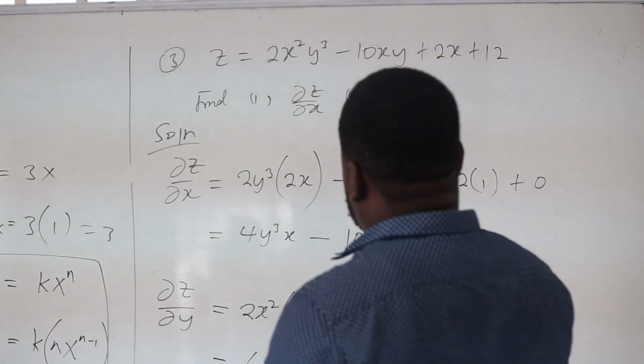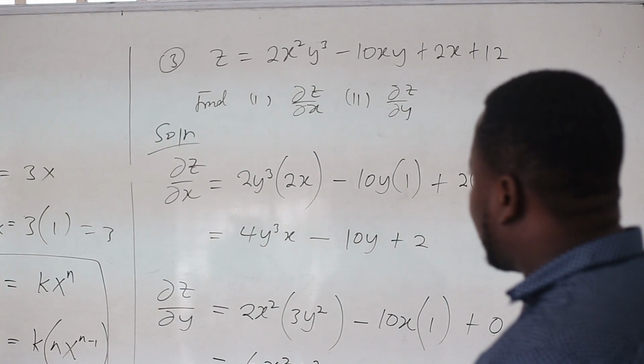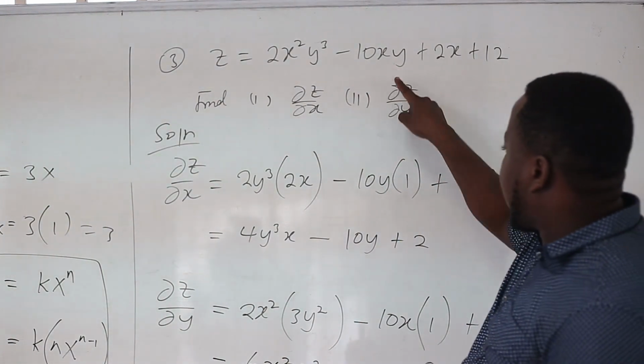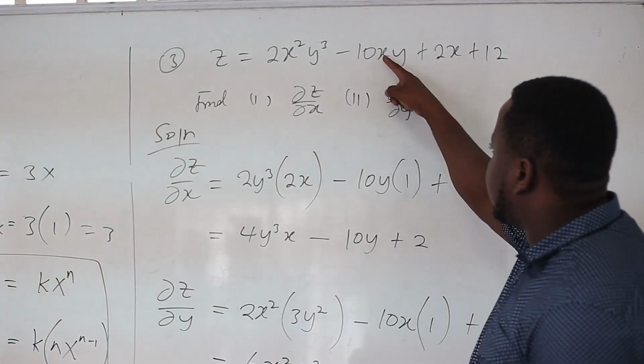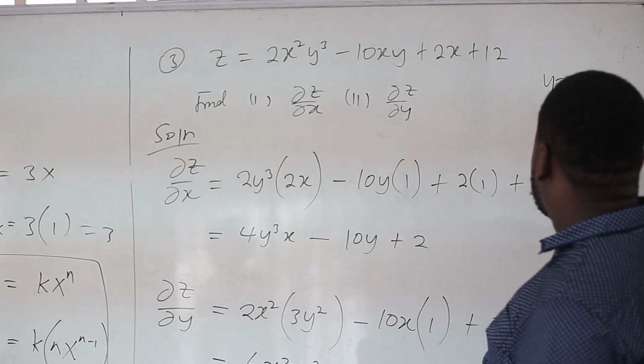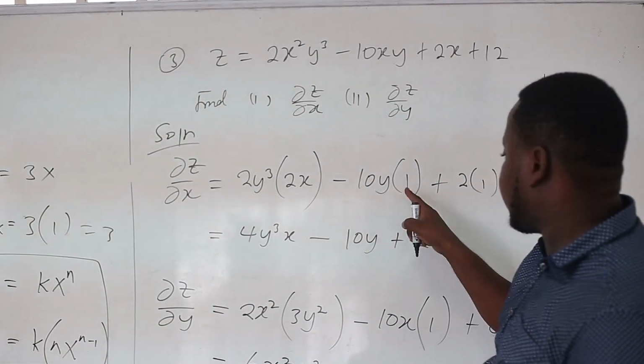Then minus, we are still differentiating with respect to x, so y is still constant, so minus 10y are constants. We just differentiate x. And last week I told you if you have y is equal to x, dy dx is equal to 1. Okay? So we have 1 here.